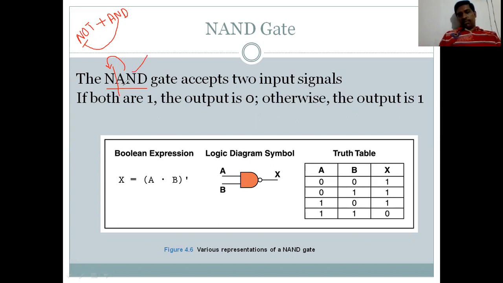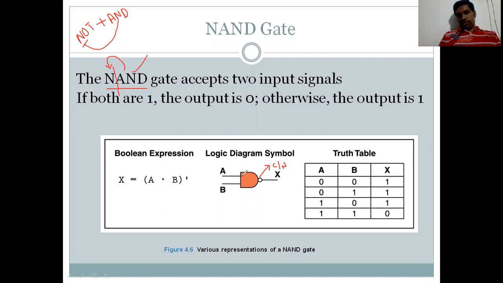Okay, that means it simply resembles the operation of complementary AND, right? See, the gate symbol is the same as AND, but we will find a small bubble here. This bubble represents the complement, or the NOT operation. Whenever you find a bubble, it means that there will be a complement in the expression.